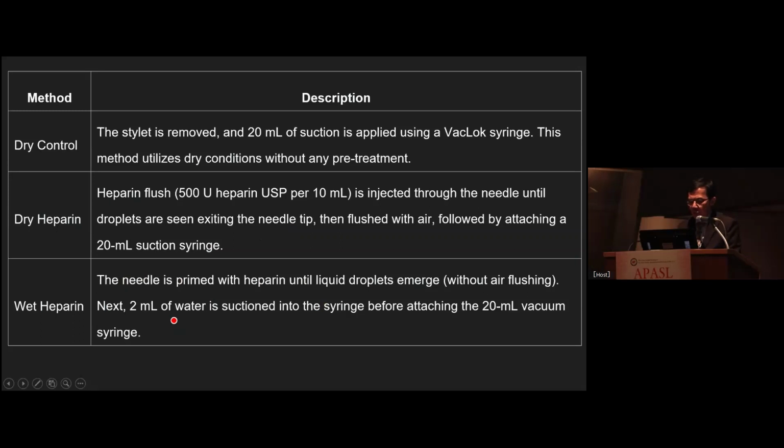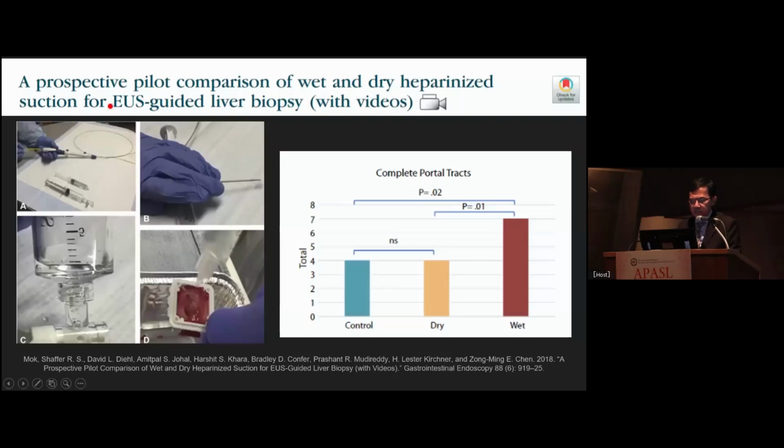Then 2 cc of water is suctioned into the syringe before attaching the 20 cc vacuum syringe. So the column of the needle is primed and full of heparin while we do the procedure.